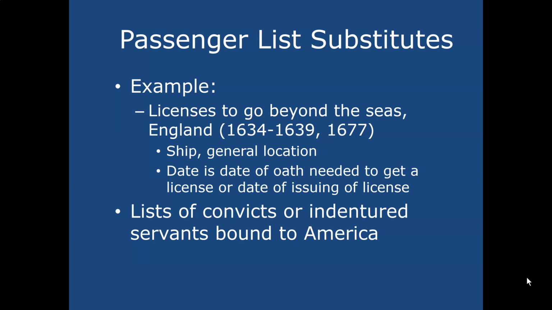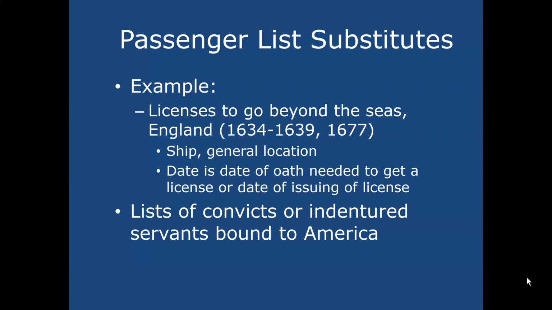And what these lists will give are ships and general location of where the person is going. The date listed on these lists is the date of the oath that was needed to get a license, or the date of issuing the license. It's not when they actually arrived or left their country.